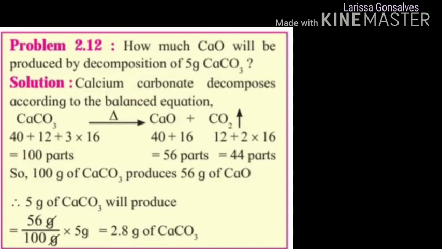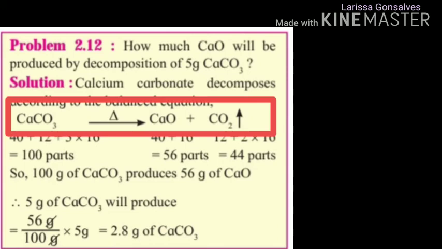How much calcium oxide will be produced by decomposition of 5 grams of calcium carbonate? The reaction for the decomposition of calcium carbonate is as follows. CaCO3 on heating gives you calcium oxide, that is CaO, and you are left with CO2, that is carbon dioxide.